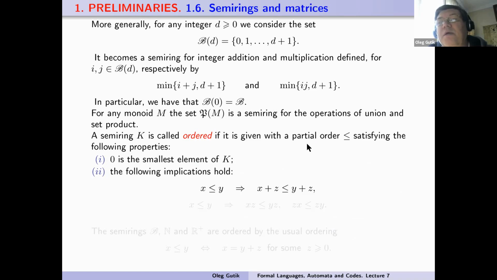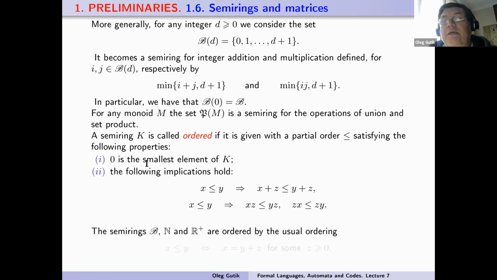So if x is less or equal y, this implies that x plus z is less or equal y plus z for all z from K, and if x is less or equal y, this implies that x multiply z is less or equal y multiply z, and z multiply x is less or equal z multiply y.